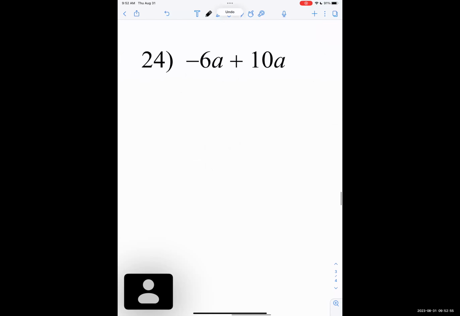Okay. How about this? Negative 6a plus 10a. Very quick, thank you. Negative 6 plus 10 is 4a. Yeah, negative 6 plus 10. You can look at a number line: this is 0, 1, 2, 3, 4, 5, 6.